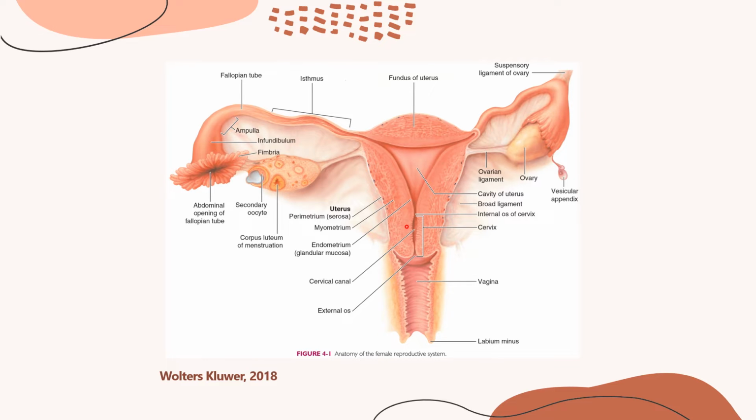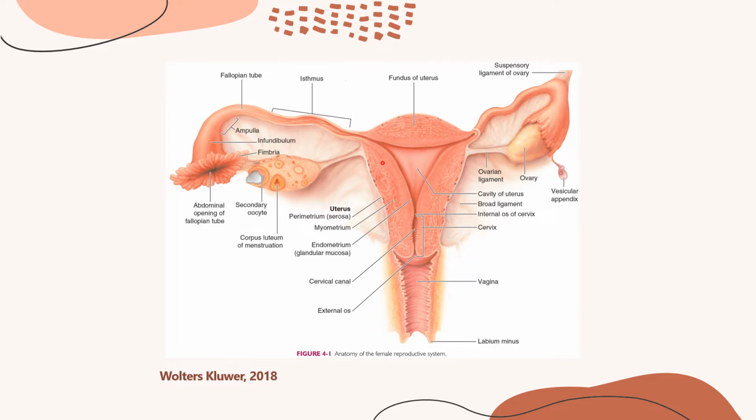If we look at our uterus in the different layers it contains, we have the parametrial outer lining, which is made of serosal or fibrous material. Then we have 3 layers of muscular tissue that make up our myometrium.